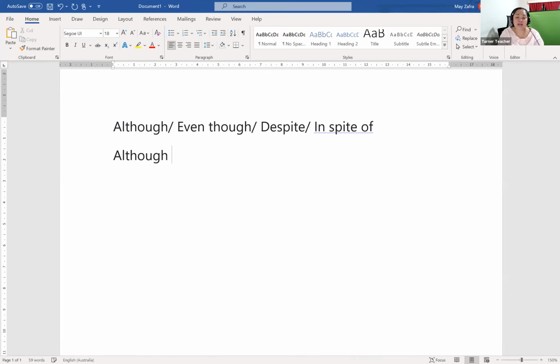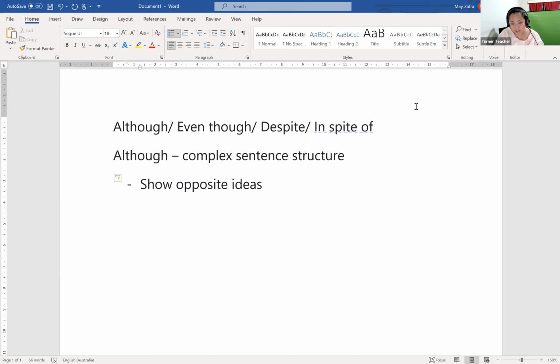And although is what we use for complex sentence structure. Is that correct? Yeah. So we use although for complex sentence structure. And the purpose of although is to show opposite ideas or contrast, correct? Okay.